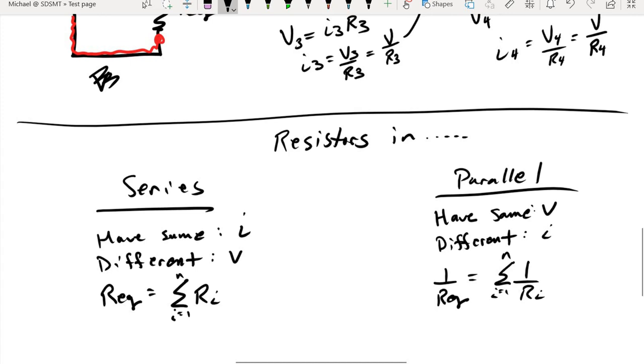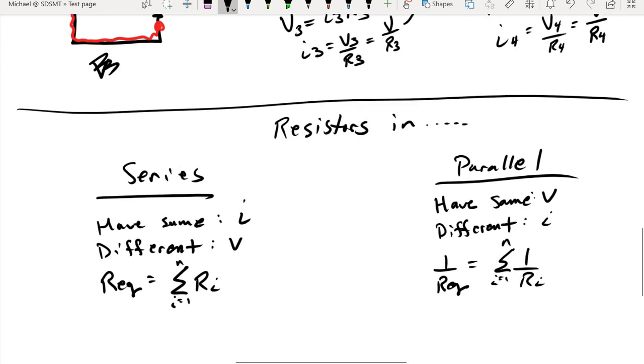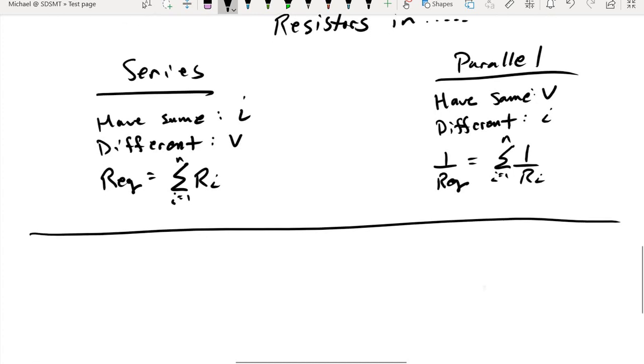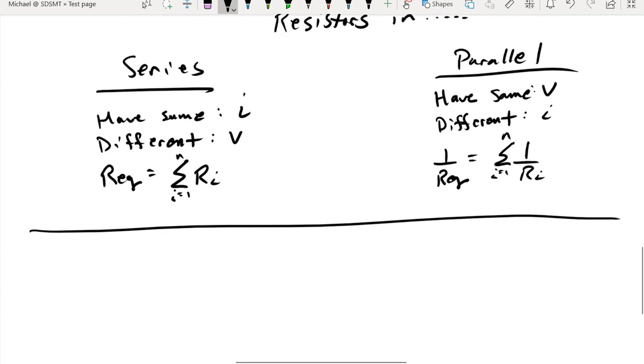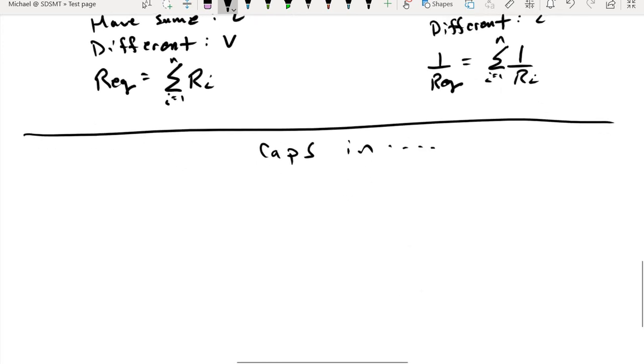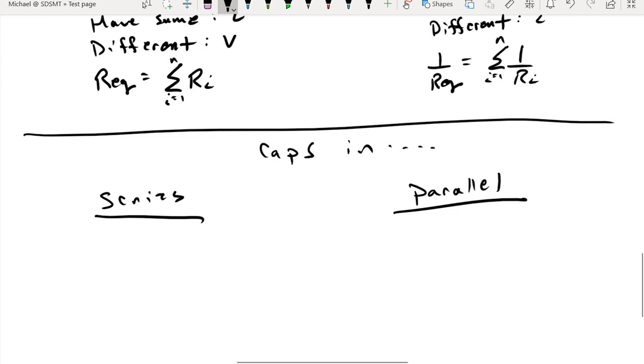Now, if this looks really familiar to the capacitor systems that we worked with, you're not far off. And for comparison, I'm going to go ahead and write out the series and parallel information for capacitors, and then we'll compare the two.